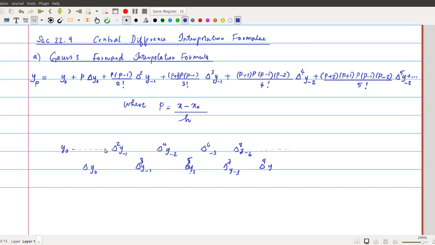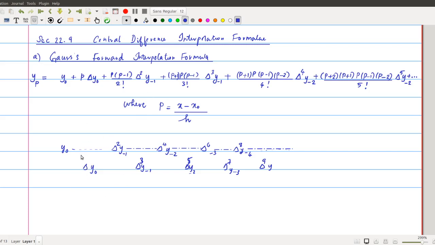This is our center line, and this is the line below the center line.